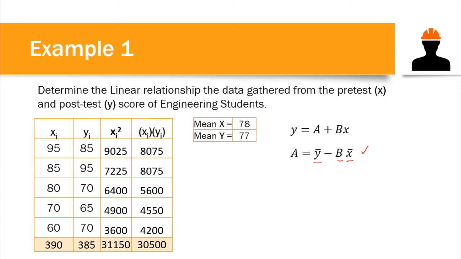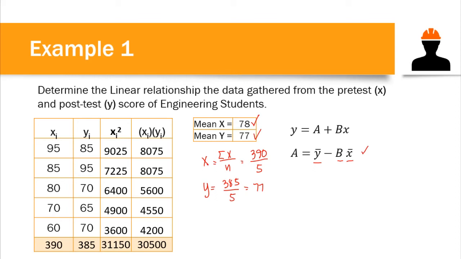The mean of x is the summation of all the x over n, so 390 divided by 5, we get 78. And for y, we have 385 divided by 5, then we get 77. So that is the average.